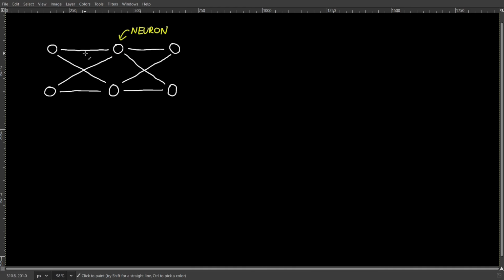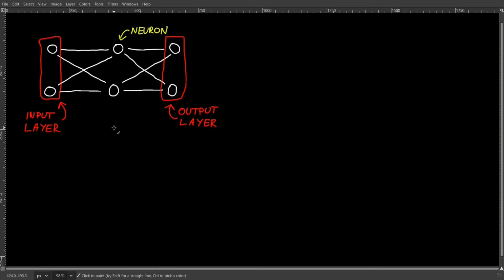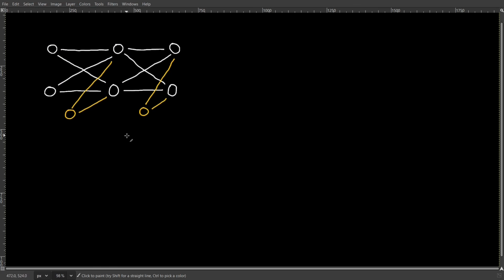You can see that these neurons are ordered in layers. You have input and output layers and also hidden layers in the middle. You can have many hidden layers, but we will only have one to keep it simple. In addition, we also have special neurons called bias neurons that are connected to the hidden and output layers. The values of the bias neurons are 1.